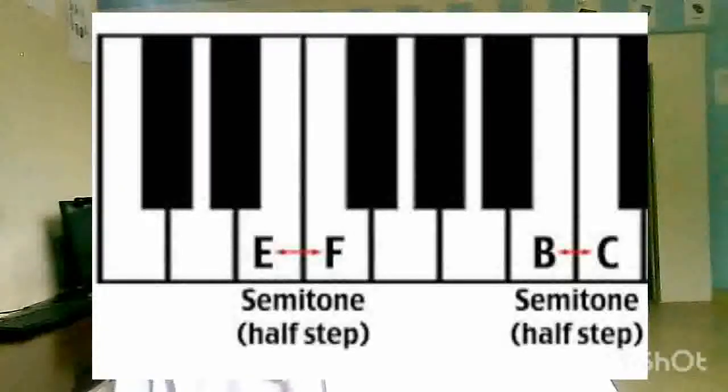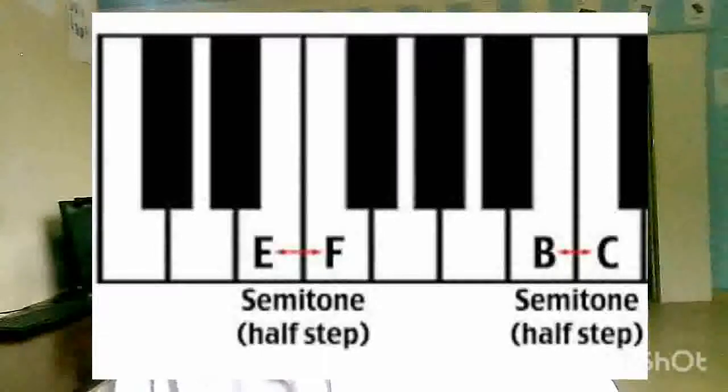The same applies from D to E, it's a tone. But from E to F, it's a semitone. There is no black note between those two notes, so we're going straight from E to F. Then from F to G, it's a tone. G to A, a tone. A to B, a tone.